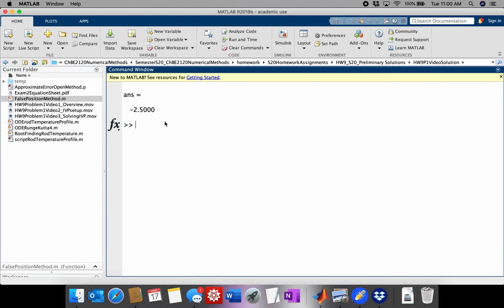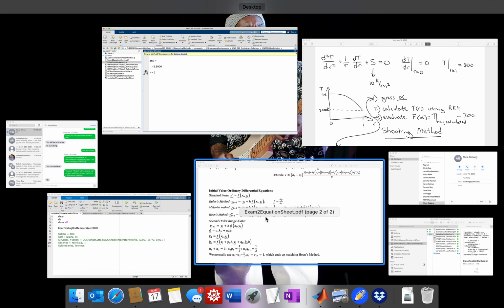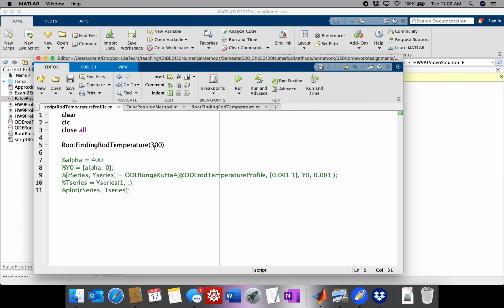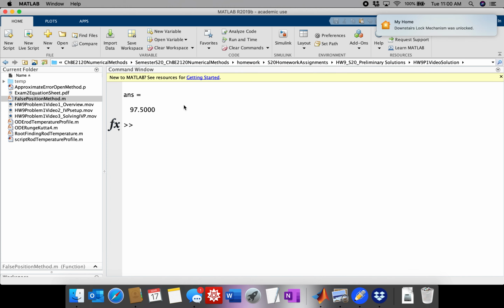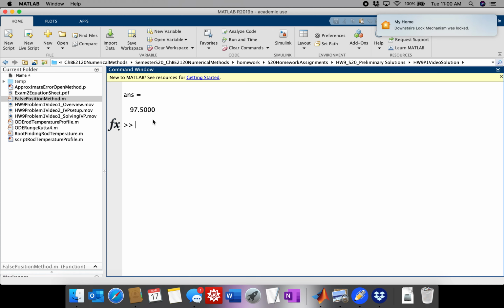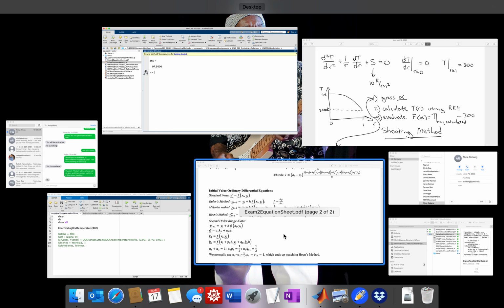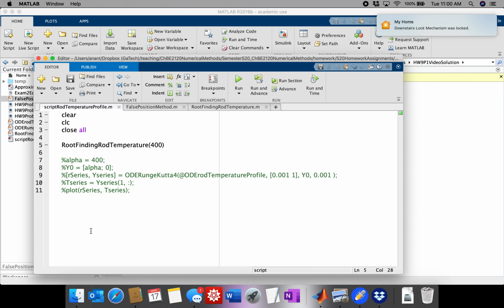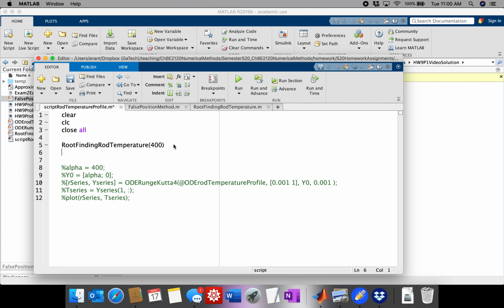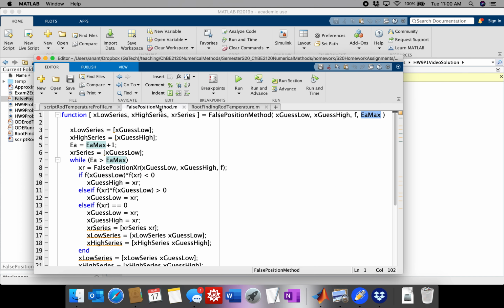We get a negative 2.5 if we input 300 as our guess. If we input 400 as our guess, then we get positive 97.5. So we now have a function that at least crosses 0 depending on the input that we give it between 300 and 400. Now let's run the false position method.